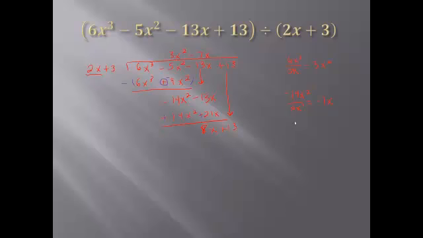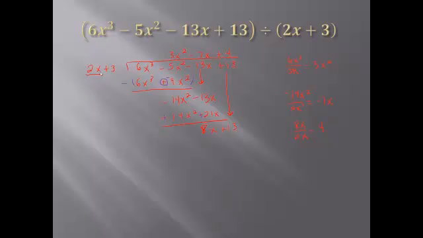So 8x divided by 2x gives us 4, because the x over x will cancel each other out there. That'll be x to the 0, so that'll just cancel out. So a positive 4 is my last number to go up top here.